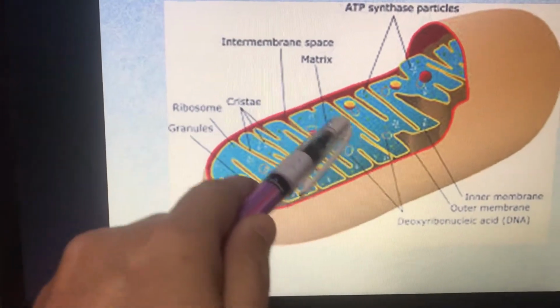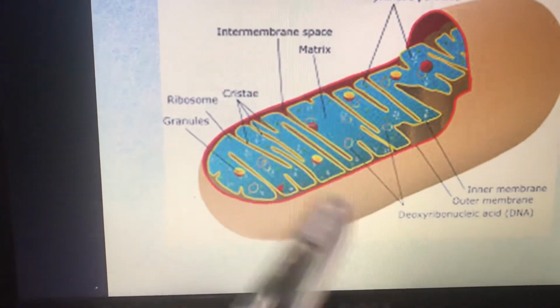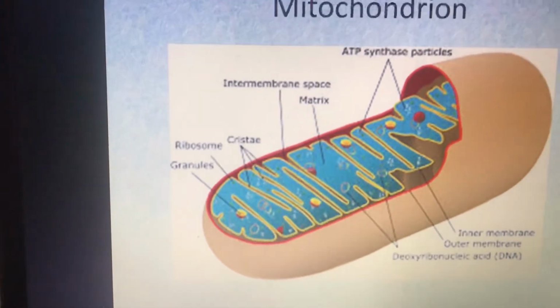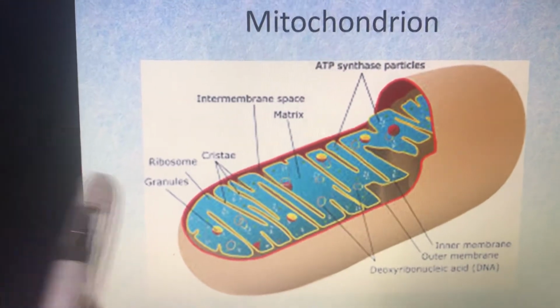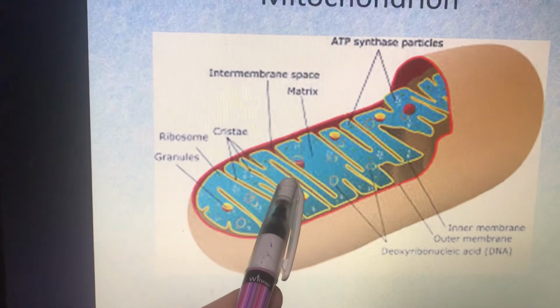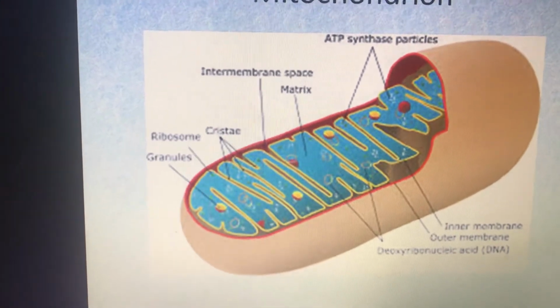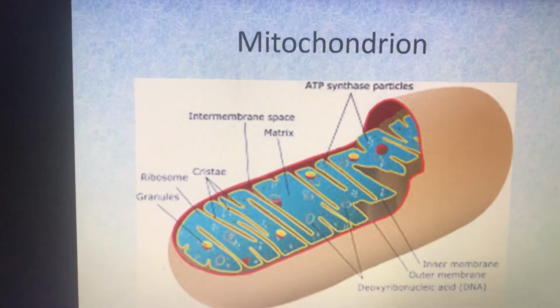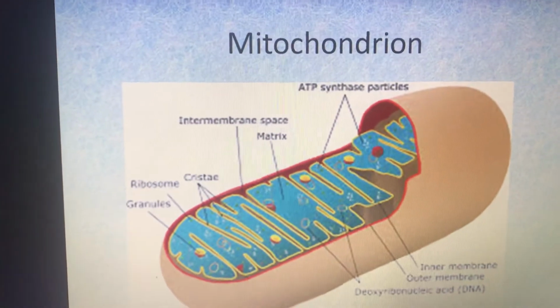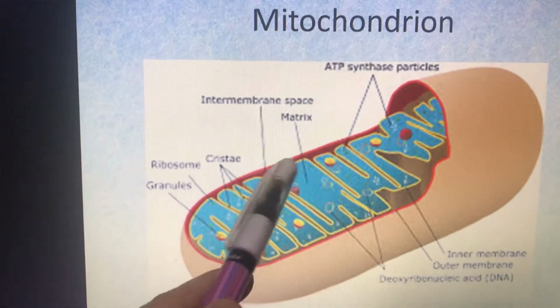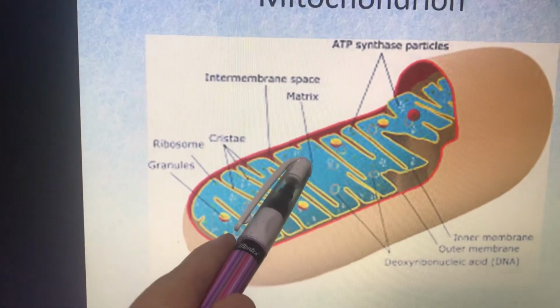The inner layer is folded to provide more surface area for production of energy. Mitochondria produces energy in the form of ATP. Therefore it is also known as the powerhouse of the cell.